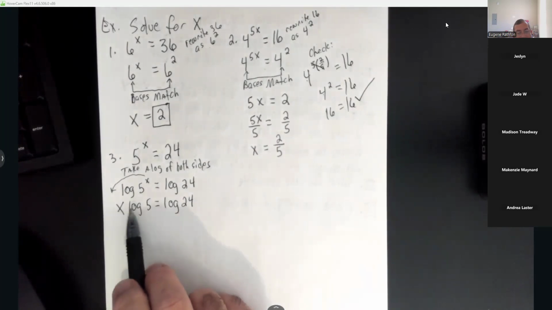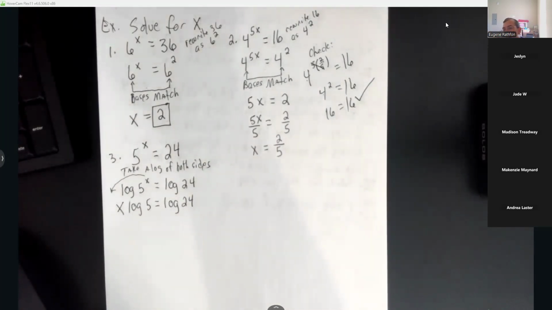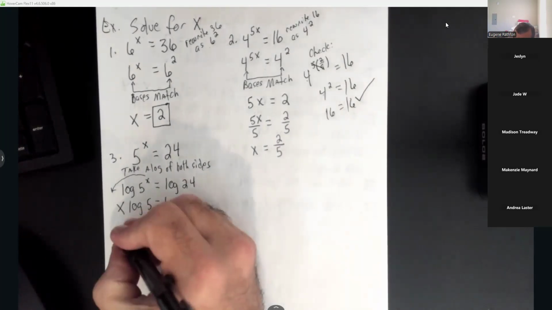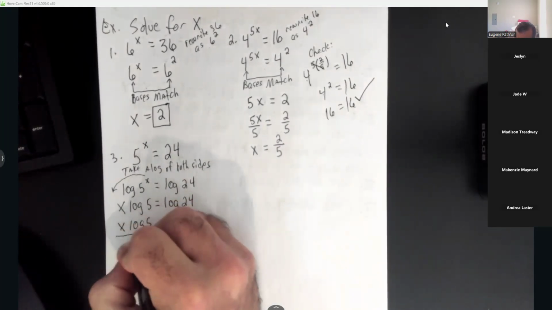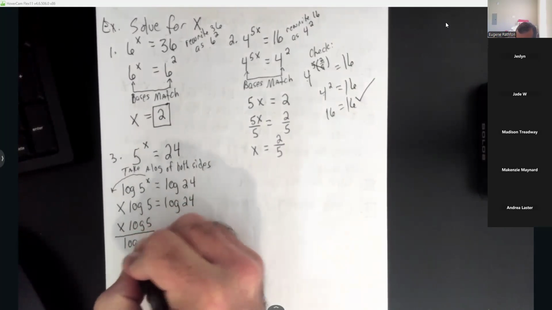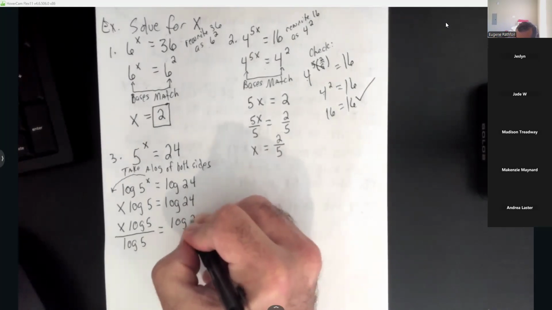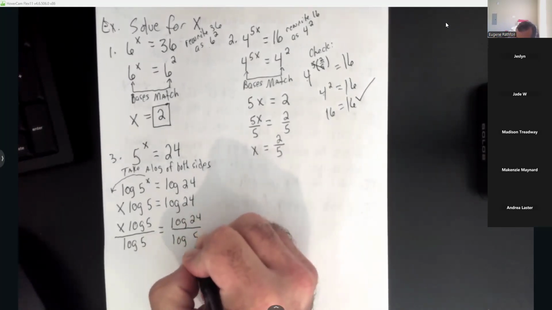So I got x times log 5. If I want to make that x be over there with a 1 in front of it, I'm going to divide by log 5. So you bring down this x log 5, divide by log 5. That's going to equal your log of 24 divided by log of 5.